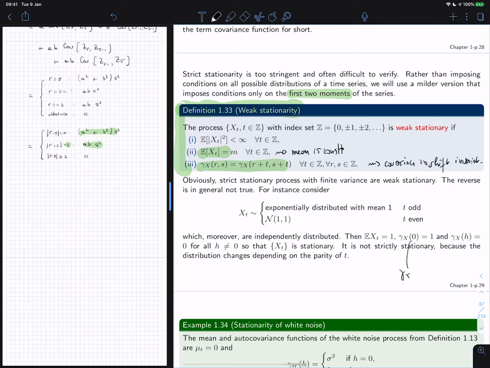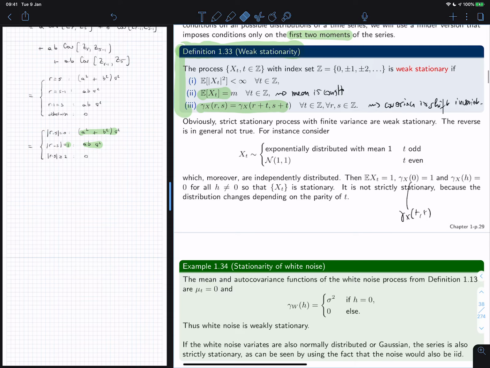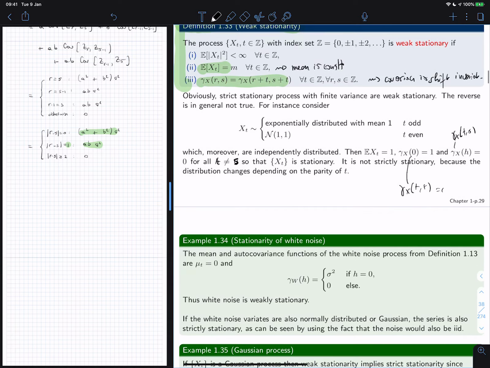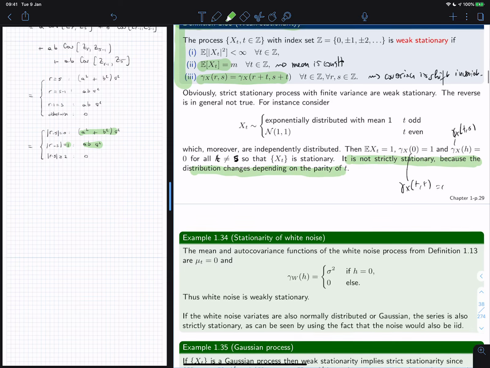So this should be gamma_X of (t,t), and this should be gamma_X of (t,s) with t different from s. That's better. So it is going to be weakly stationary, but it is not strictly stationary because the distribution changes depending on the parity of t. So it's not hard to construct examples which are weakly stationary but not strictly stationary.